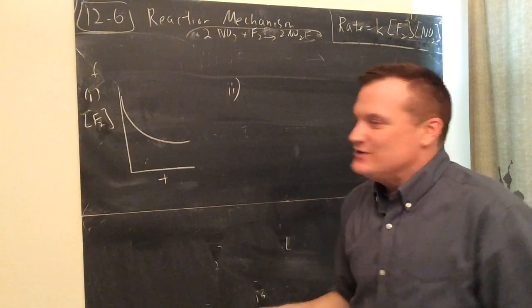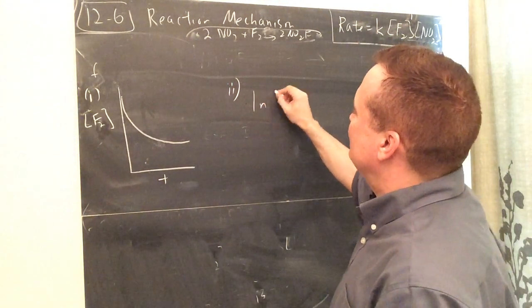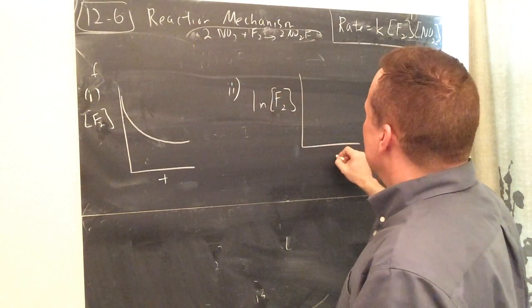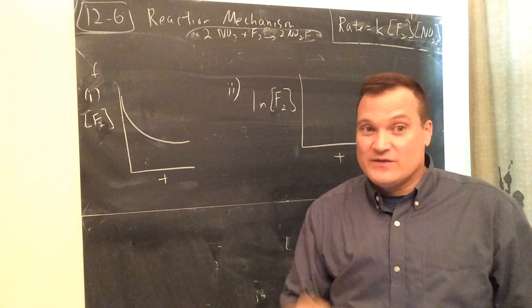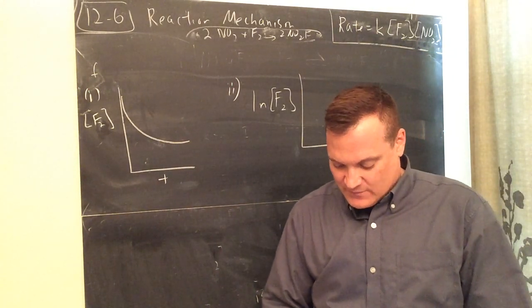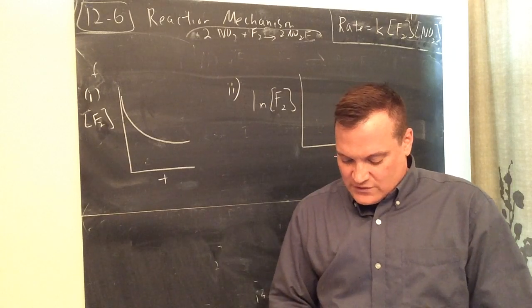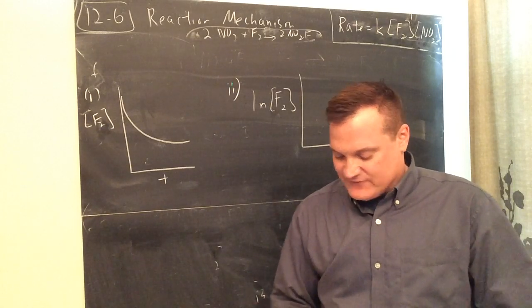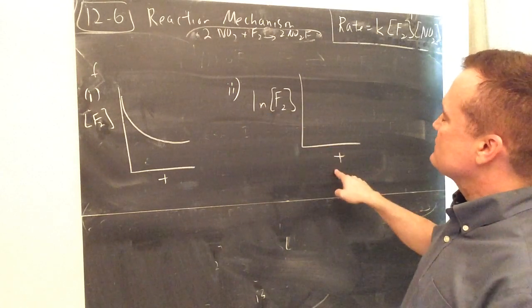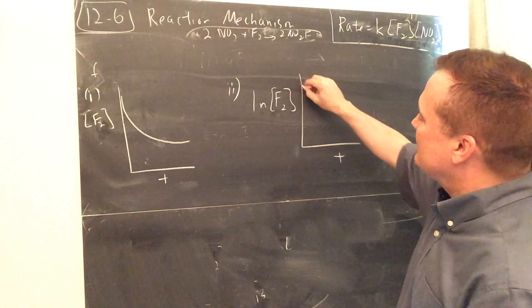You take the natural log of the F2 concentration versus time. They like to do this on the AP a lot. They'll just say, sketch a graph that would prove the order of this reaction with respect to F2. What you would have to do is graph the natural log of F2 versus time. If it's first order, it will give you a straight line with a negative slope.